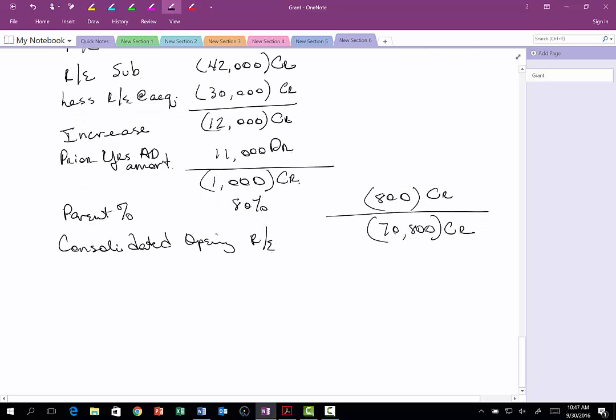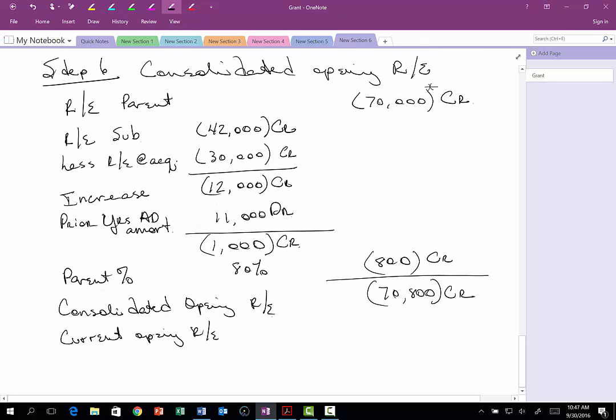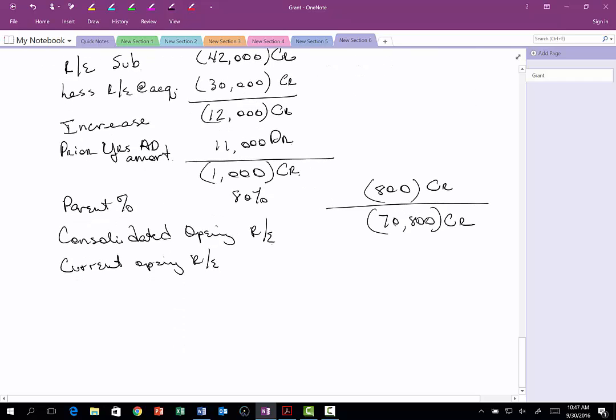And what is our adjustment going to be? Well, current opening retained earnings, if we compare the two, we said it was $70,000 for the parent, $42,000 for the sub, so that's equal to $112,000 in a credit position.